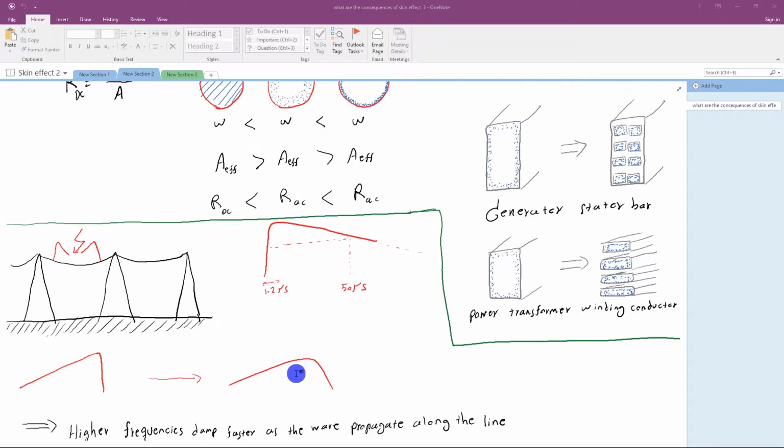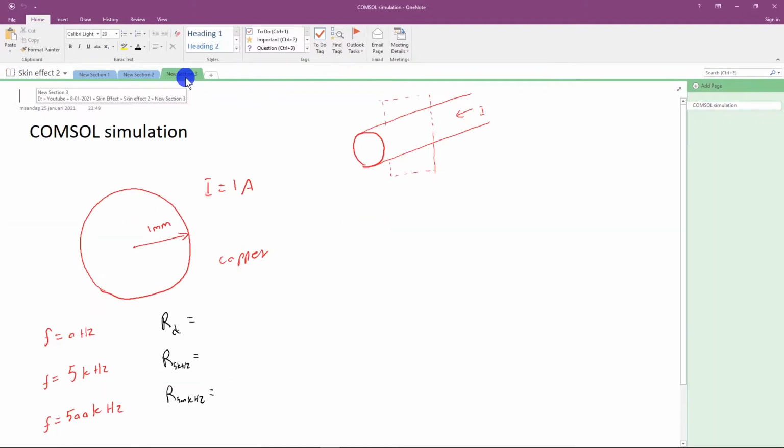This is actually beneficial for us because when this waveform comes to the substation, the damage that a sharp waveform with a higher magnitude can cause to the substation is more than the damage that a waveform with a smaller rise time and lower magnitude can cause. So in this case, we see that the skin effect actually plays positively. Okay, so now it's enough for the consequences. Let us look at how we can simulate this phenomenon in COMSOL Multiphysics.